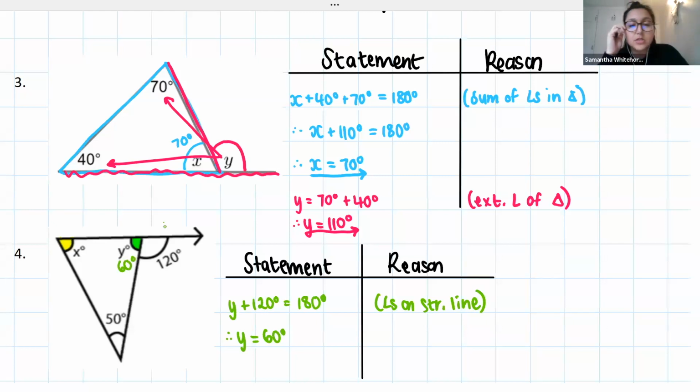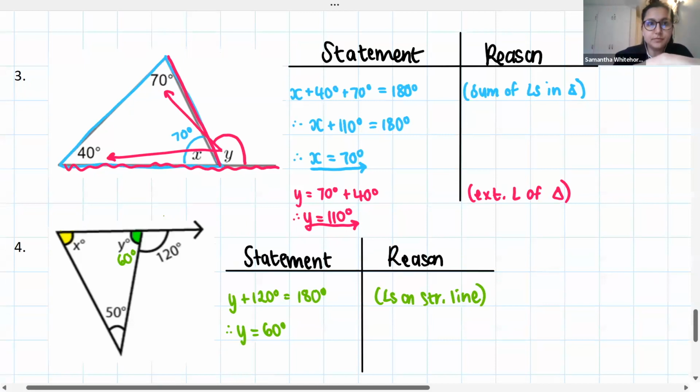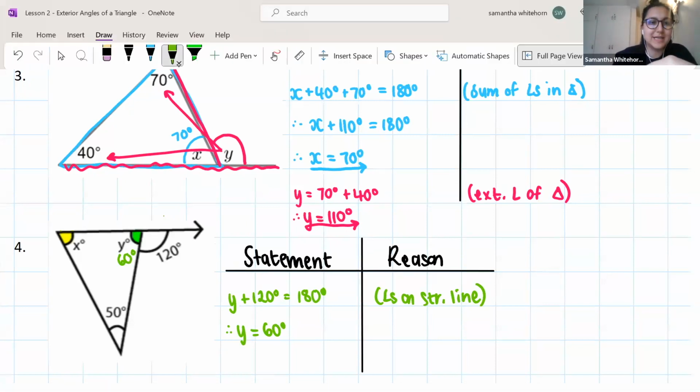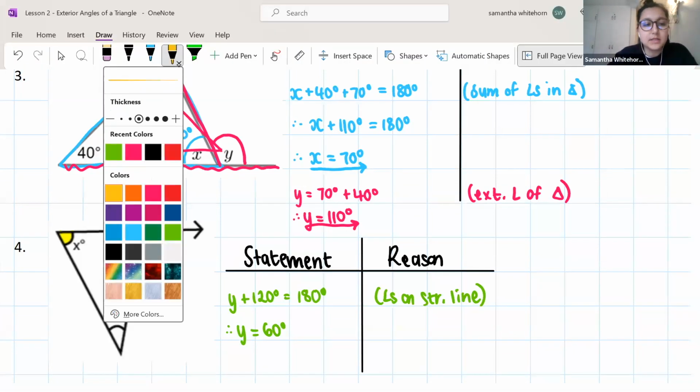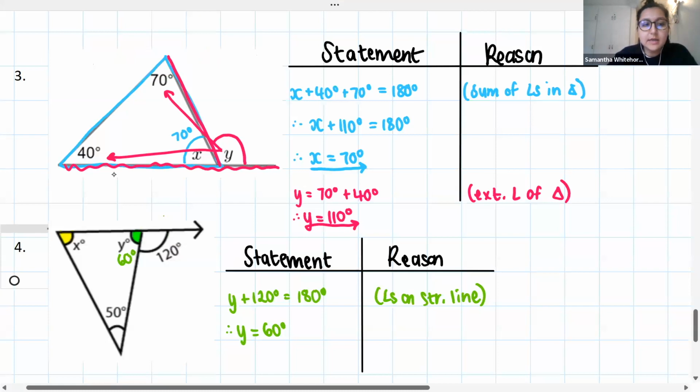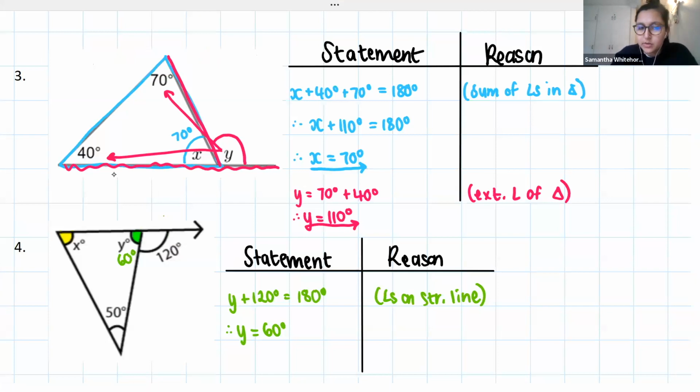And guys, remember I've said this to you before, fill in your angles that you find on your diagram so that you can see how it might help you later on. We then want to get X. Now guys, there's a couple different ways you can get X. Either you can use sum of angles in a triangle, which is absolutely fine, or we can use exterior angle.